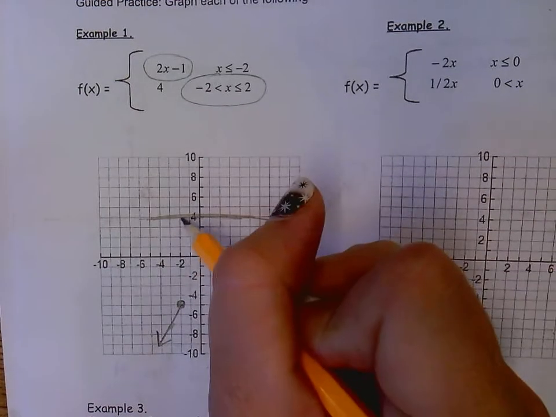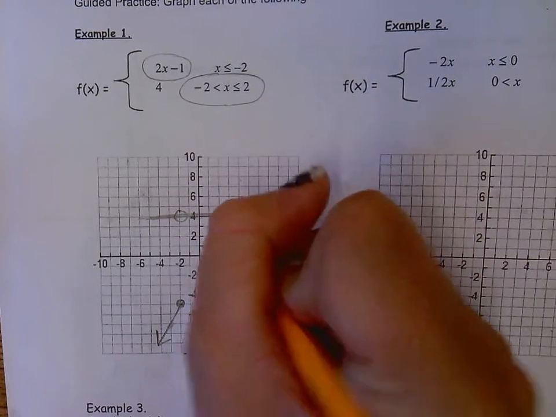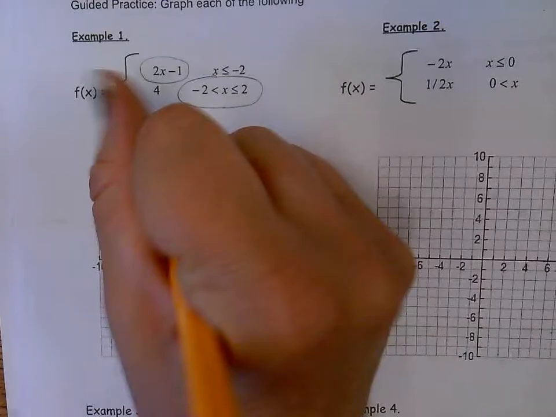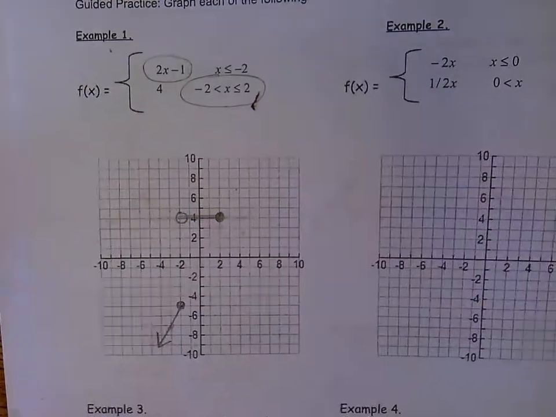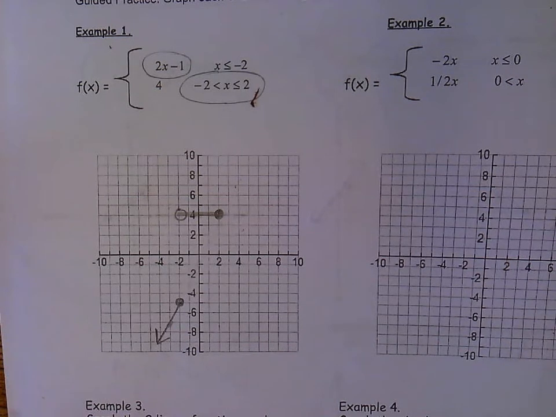So at -2, I'm going to have an open circle, and at +2, I'm going to have a filled in circle. And that's it. That's the only part of the horizontal line that I'm going to keep. So open circle here. X is strictly greater than -2, but less than or equal to 2. So I've got this horizontal line and that.